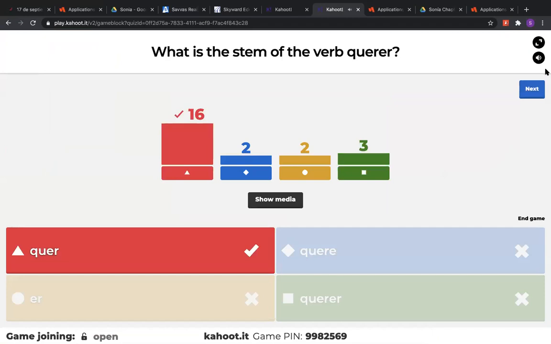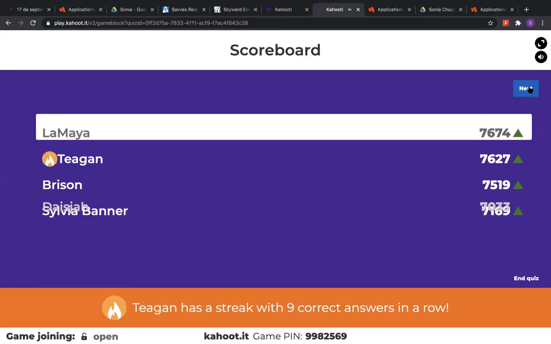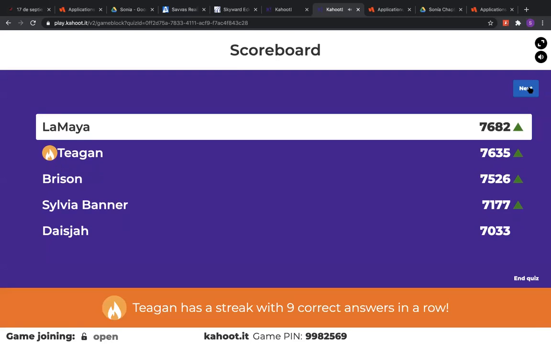Good. So remember, to find the stem, you just drop the ER, AR, or IR. So QUER would be your stem, right? So that's the part then that you're going to change if you need to. La Maya, good work.